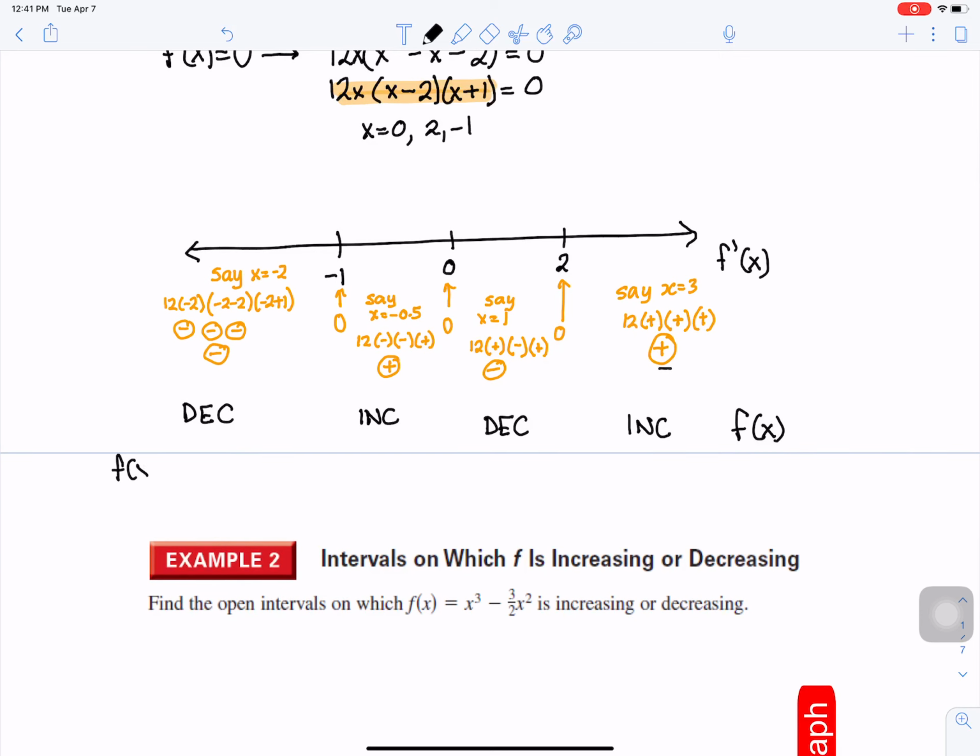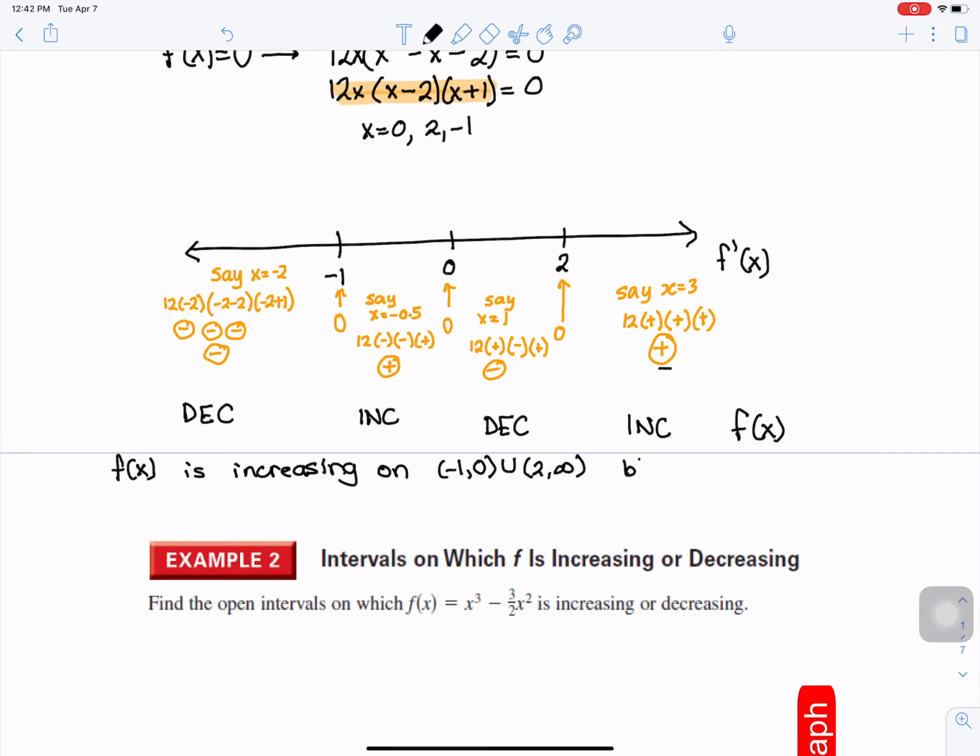f of x is increasing on the interval -1 to 0. I don't want to include -1 or 0 because at those points the derivative is exactly 0. Union 2 to infinity.